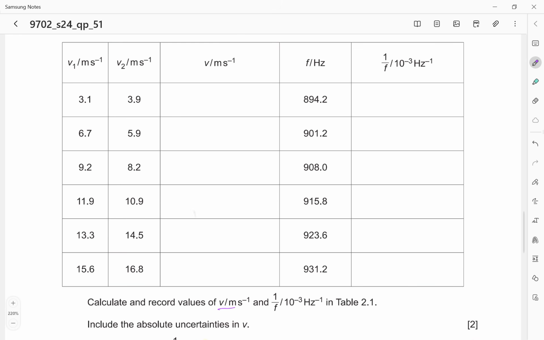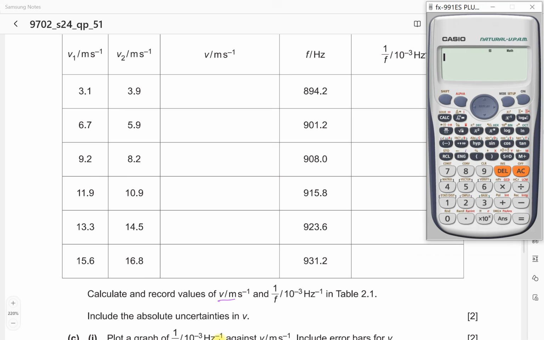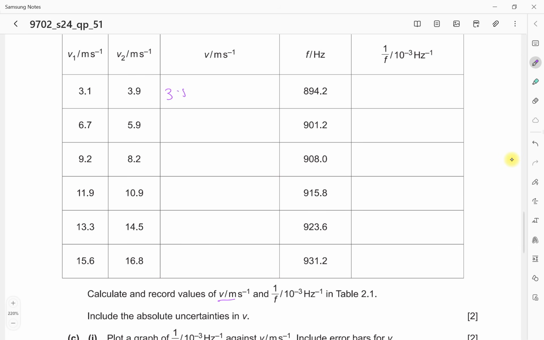So the first one is going to be 3.1 plus 3.9 divided by 2. So that is 3.5.